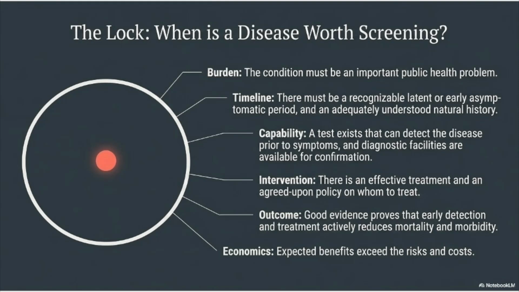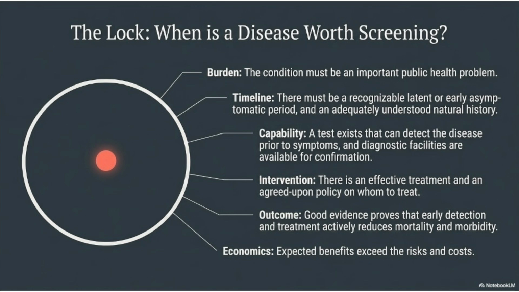Second, there should be an effective treatment available. There is little value in detecting a disease early if no intervention exists to improve the patient's outcome. Third, facilities for diagnosis and treatment should be available. Identifying patients without being able to confirm the diagnosis or offer treatment creates anxiety without providing benefit.